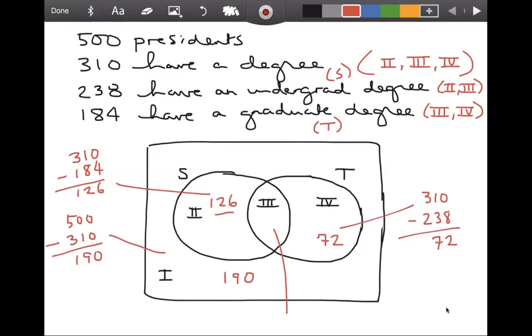So if I take that last thing, 184 minus 72, going to give me 112. And as a check, if I add 112 and 126, I get 238. So that checks out. All right.